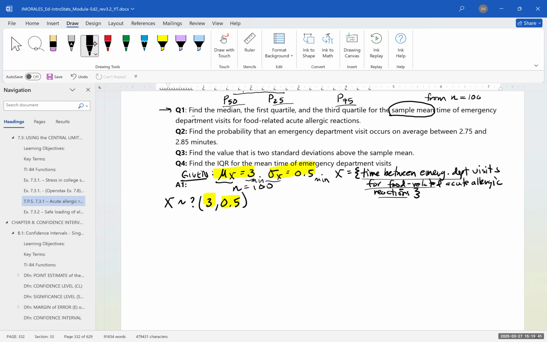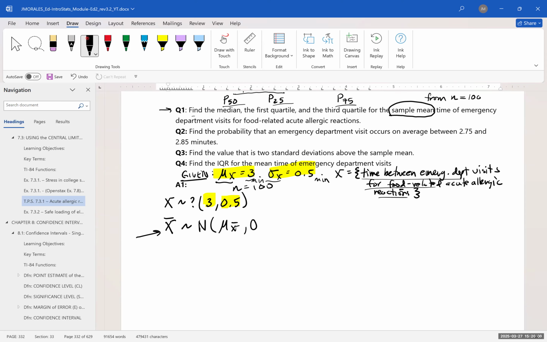That's going to allow us to proceed with calculating our distribution of sample means.